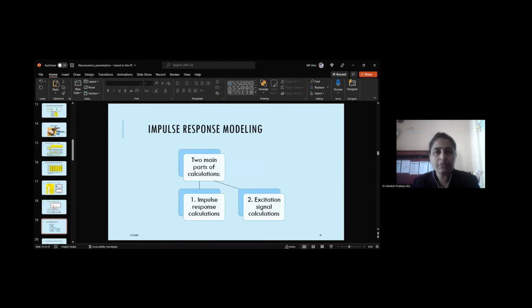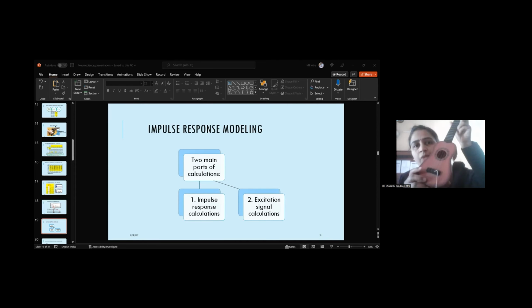Now, impulse response modeling basically consists of two parts. The first one is impulse response calculation and the second is excitation signal calculation. Here I would like to show you the guitar again. What I did is calculate the complete body response, known as the impulse response.